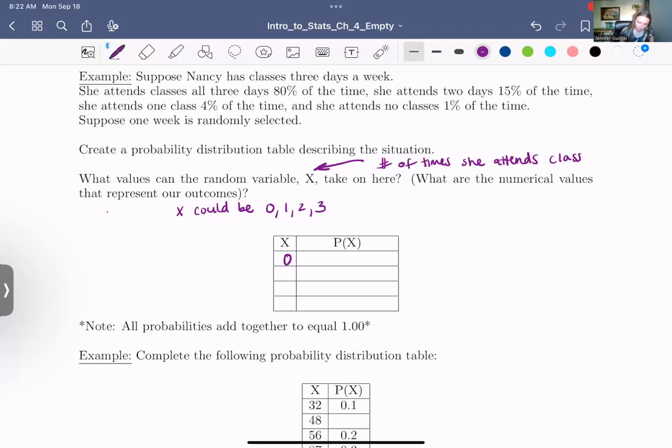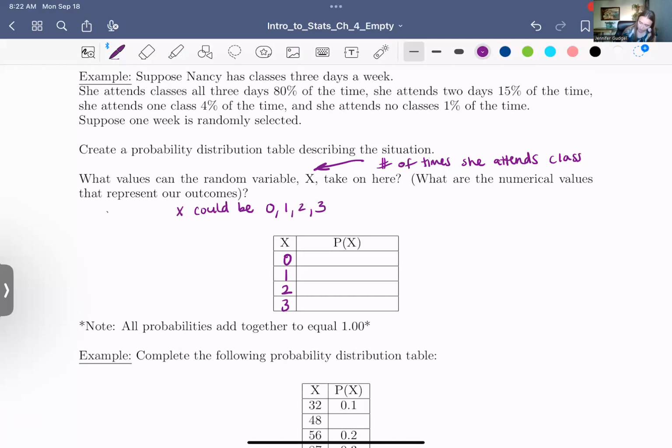So we put those into our table, 0, 1, 2, and 3. And we really like to order these smallest to largest. It just helps the information be stored a little more neatly and helps us find corresponding values easier. All right, so what was the probability she attended 0 times?